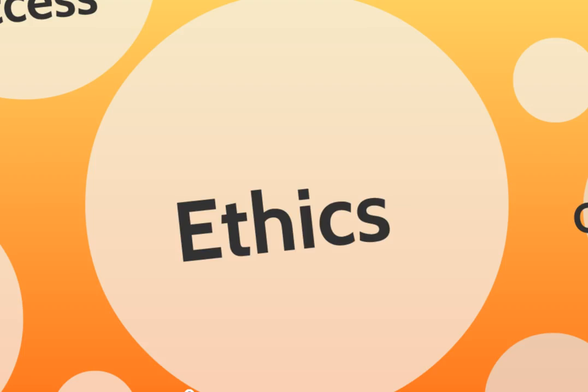Another area we're going to talk about is ethics. Probably the most controversial issue is plagiarism, but in the field of publication, there are all kinds of issues that go on. For example, there's a general rule that states that you can only submit your paper to one journal at a time.